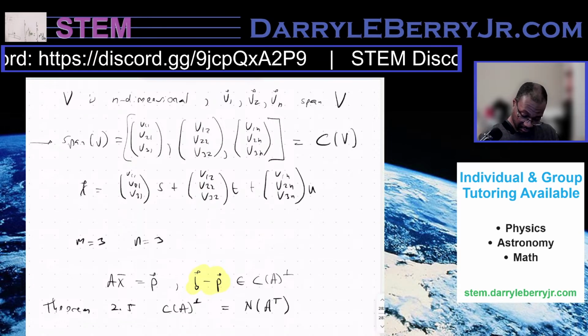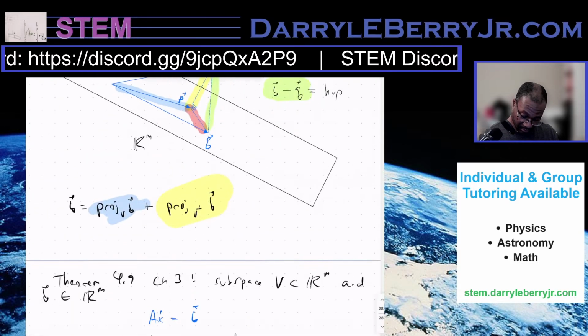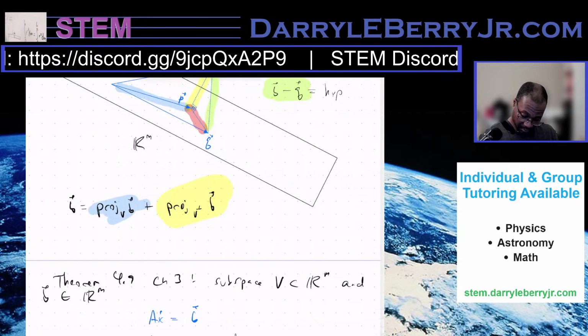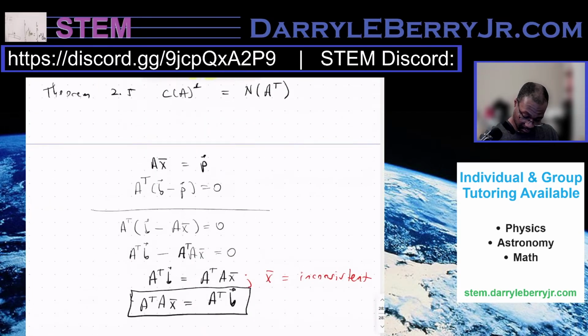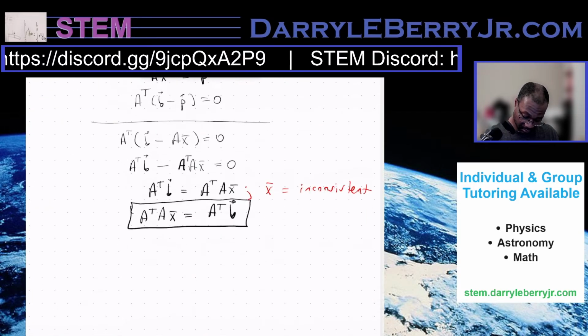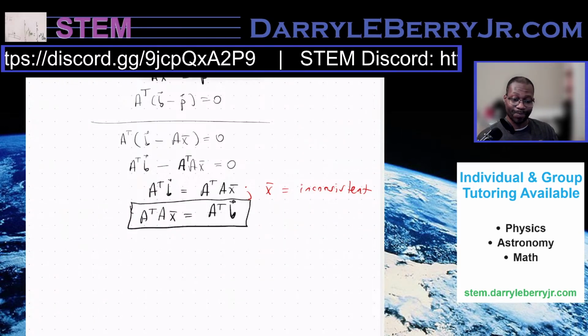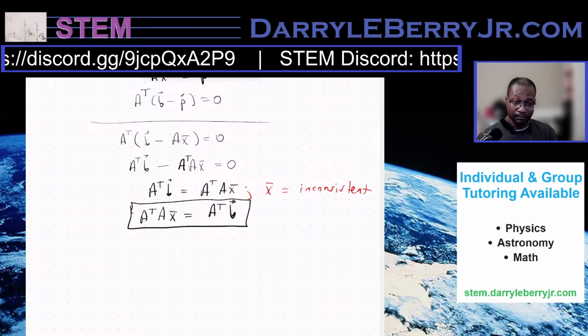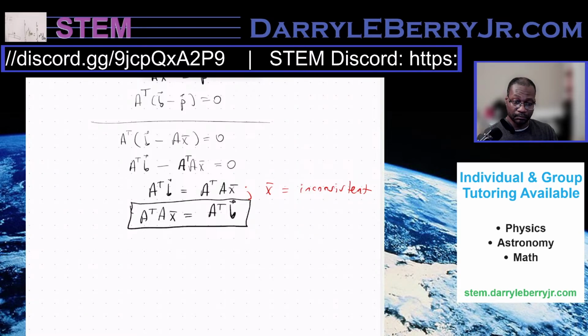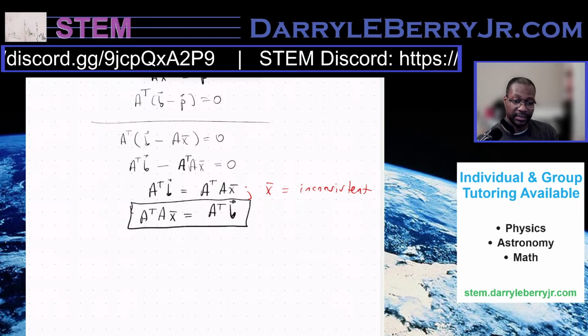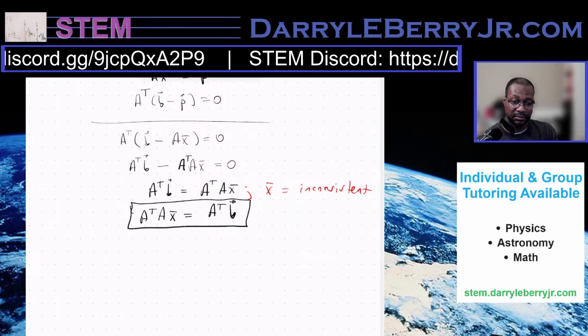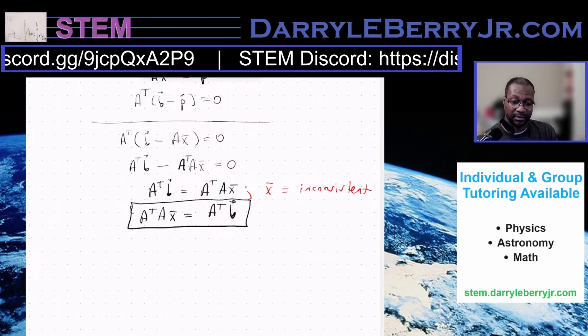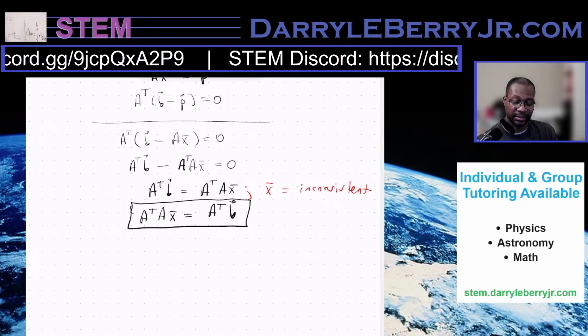Is that what I wrote? A transpose A x equals A transpose P equals A transpose B.